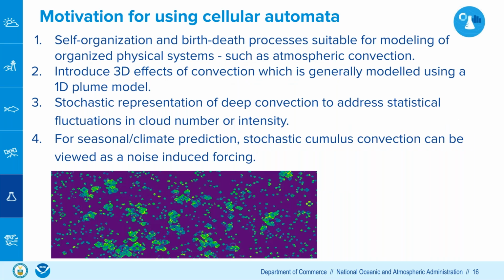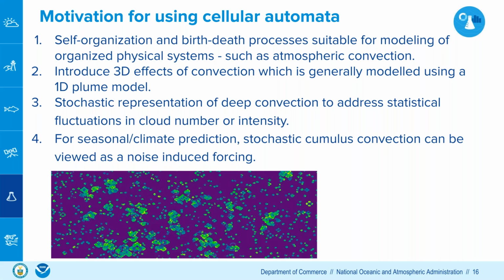In my mind, the main motivation for using cellular automata is that it possesses self-organization, and birth-death processes are suitable for modeling of organized physical systems such as atmospheric convection. It introduces 3D effects of convection, which is generally modeled using a 1D plume model.